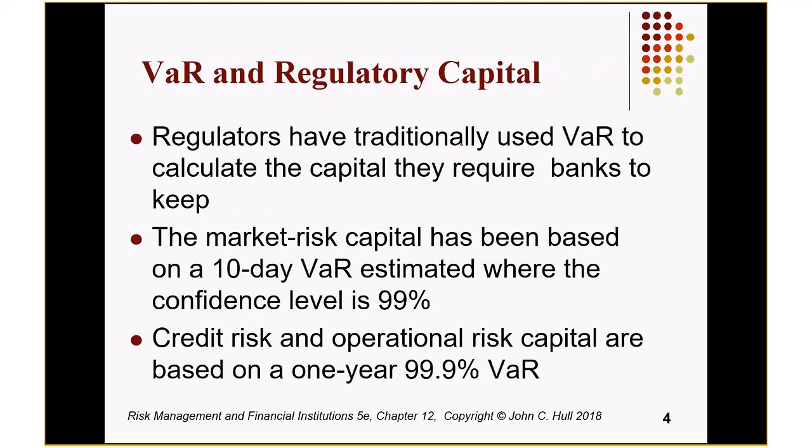Regulators have traditionally used VaR to calculate the capital they require banks to keep. Again, the FRM certification, or financial risk management certification, is all about banks. The market risk capital has been based on 10-day VaR estimates where the confidence level is 99%. Those are based on the Basel Accord.